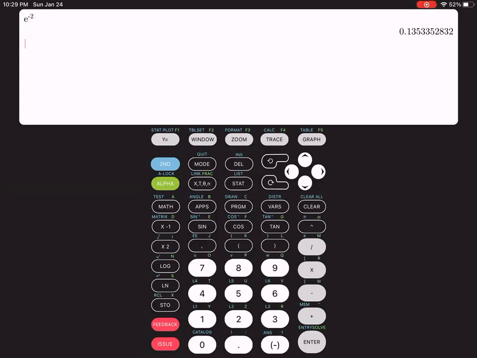Now I'm going to round to 3 decimal places, and I'll also do it for the next one here. So second, ln, and then I'm going to type in -1, and round that to 3 decimal places, and then let's do one for +1. I already did one for 0.